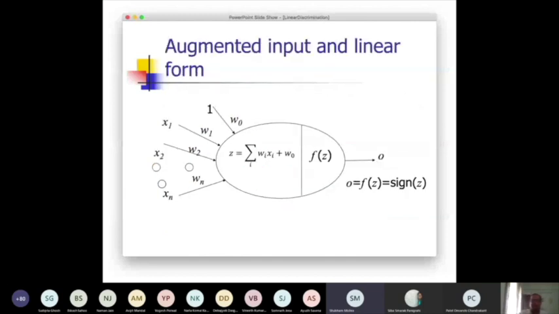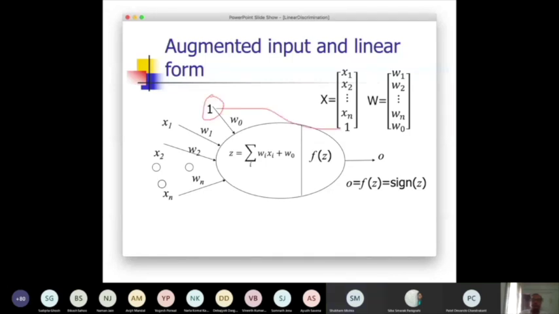This particular operation can also be converted into a linear form, as I was mentioning. We can consider it a pure linear operation when we augment an additional dimension to the input. This accounts for the additional dimension, so we consider as if there is an n+1 dimensional space.